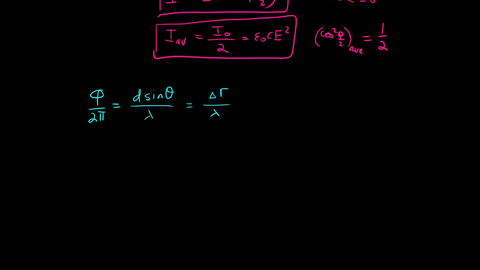So we also said that phi equals 2 pi delta r over lambda. And if you take a look, this 2 pi over lambda here is the wave number k.